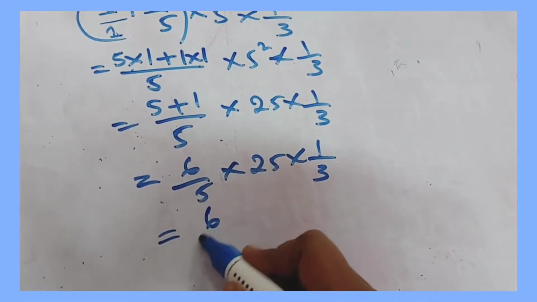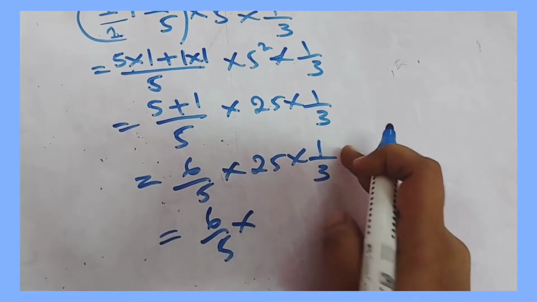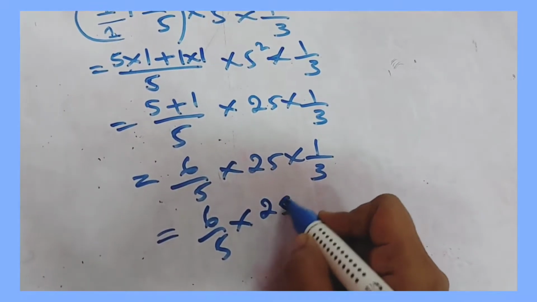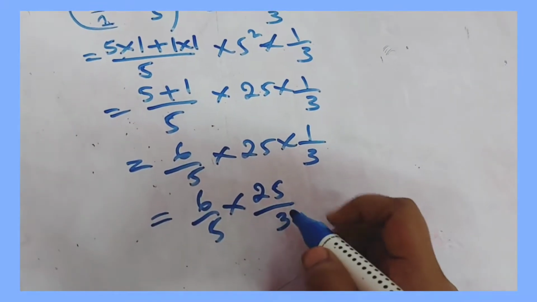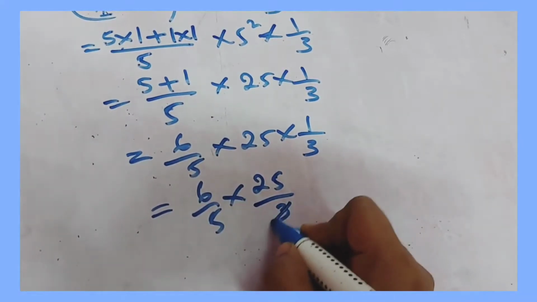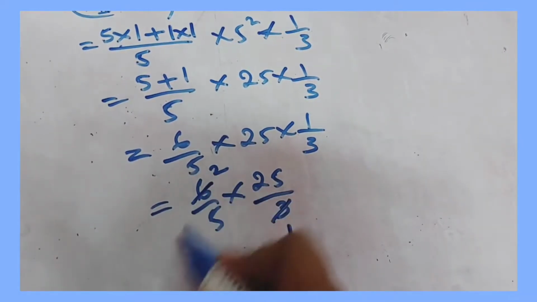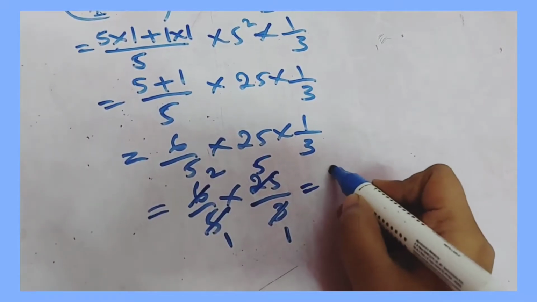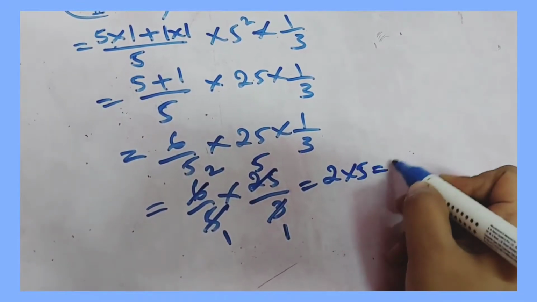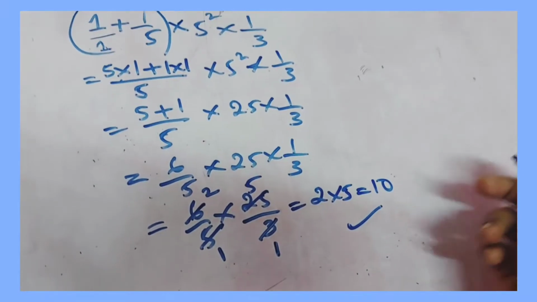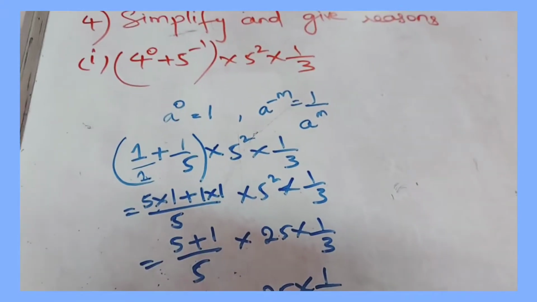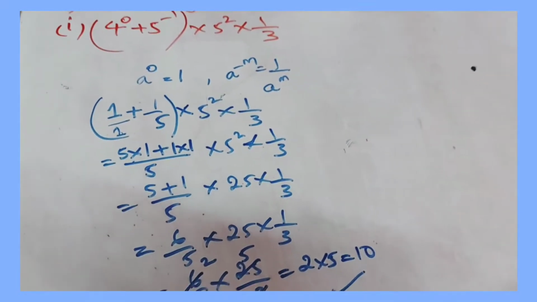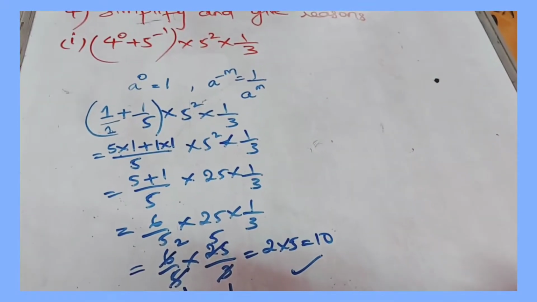So 6 by 5 into 25 ones are 25, 25 by 3. Now we have to cancel it. 3 ones are 3, 3 twos are 6, 5 ones are 5, 5 5s are 25. So the answer is 2 into 5, 2 5s are 10. So this is the answer. This is how you have to do this sum.